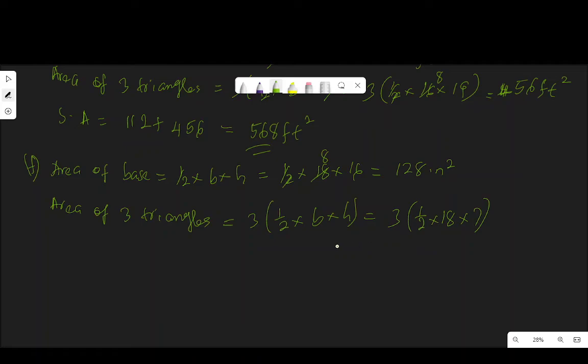That will be 3 times half of 18, which is 9. I actually made a mistake here. 18 divided by 2 is 9, not 8. This is supposed to be 9. So 9 times 16, let me correct this.